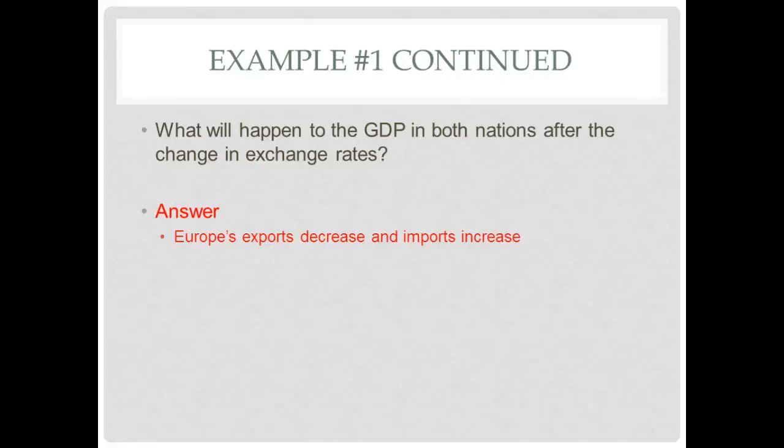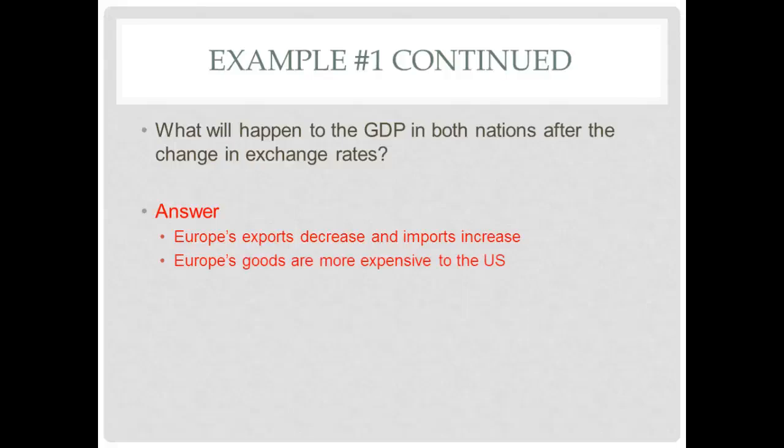Well, Europe's exports will decrease and its imports will increase. Why? Because the euro is more valuable, European goods are more expensive. And therefore, Americans will buy less of them. So Europe will export less.